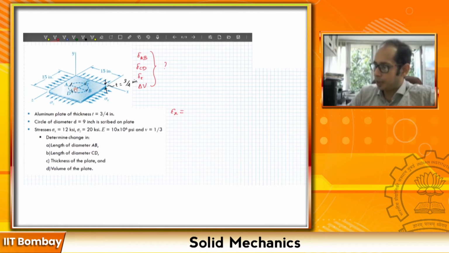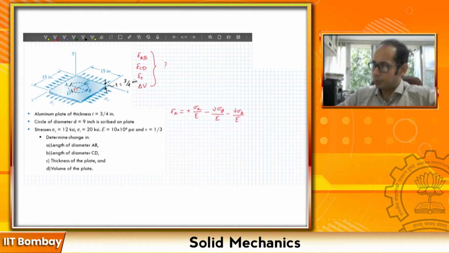So my epsilon x is nothing but a positive sigma x by E, minus nu sigma y by E, minus nu sigma z by E. Once I have written out this formulation, I can easily substitute the numbers given to calculate my epsilon x, right?